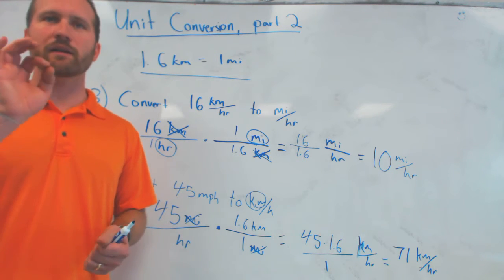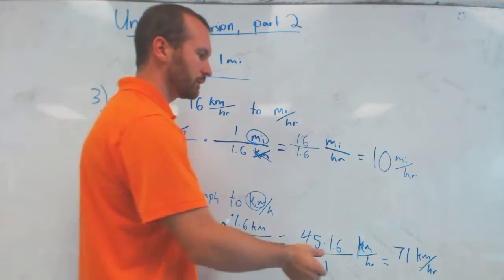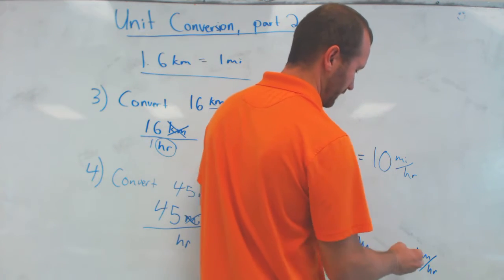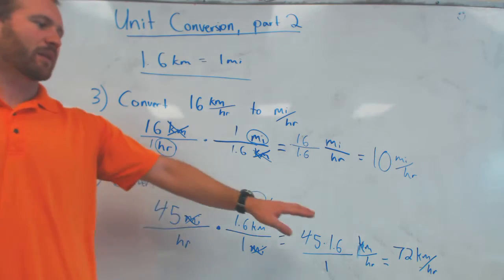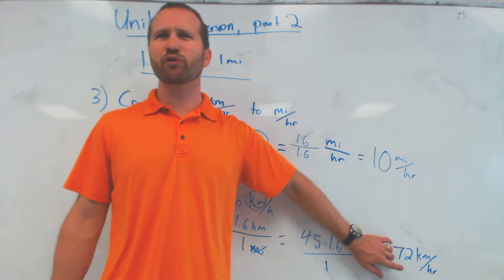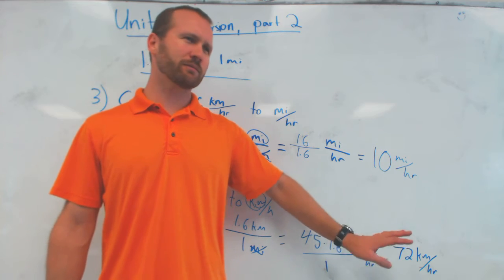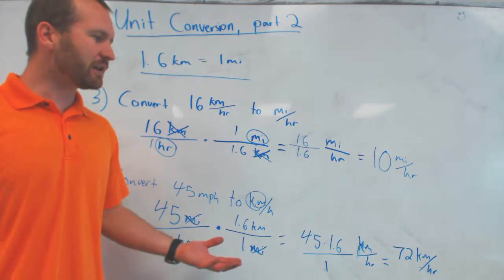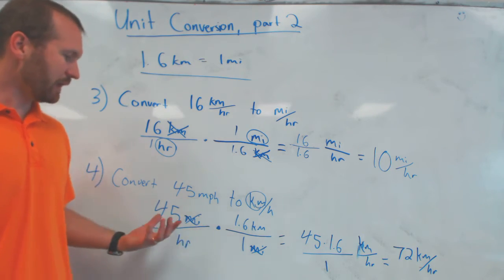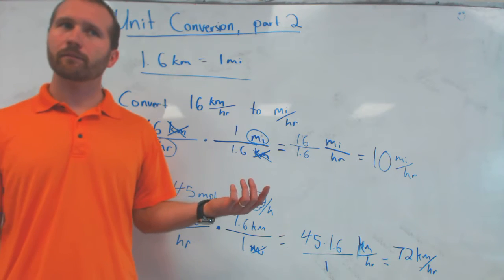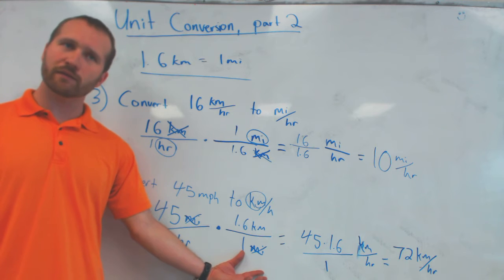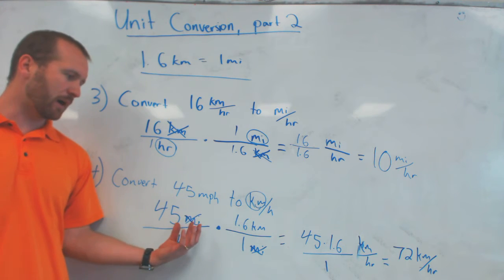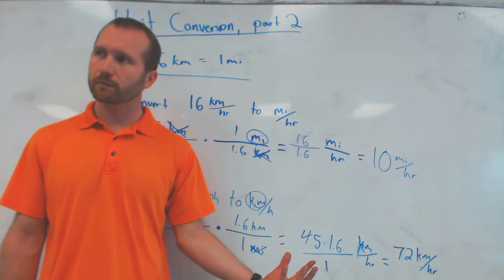Someone type it into your calculator. 72? Yeah. Okay. So it did actually work out to an integer because we're converting this way. But anyway, it's not quite as pretty of a number. 72. 72 kilometers per hour is 45 miles per hour. We did that in just one step, because all we really had to convert was miles to kilometers.